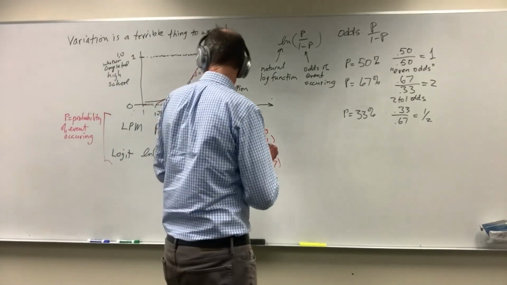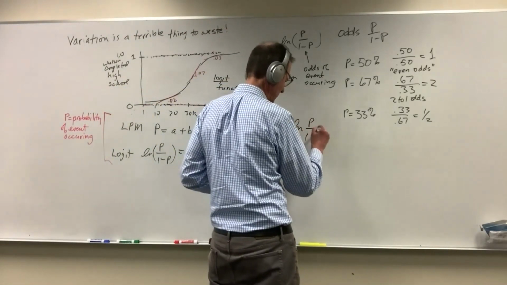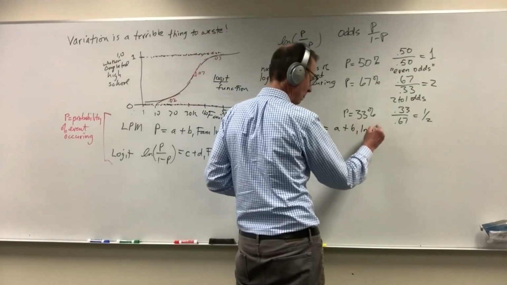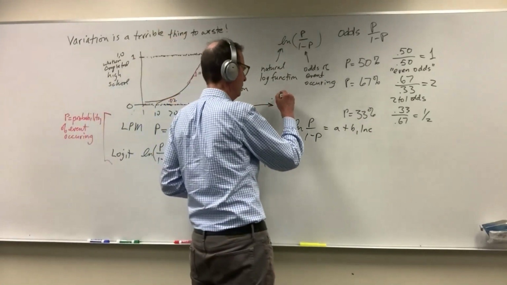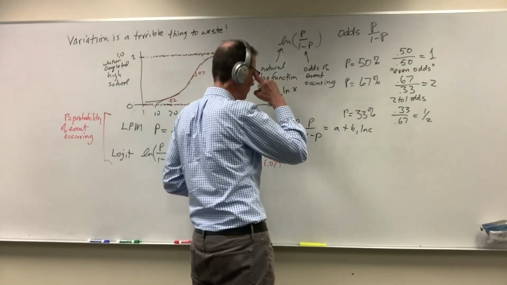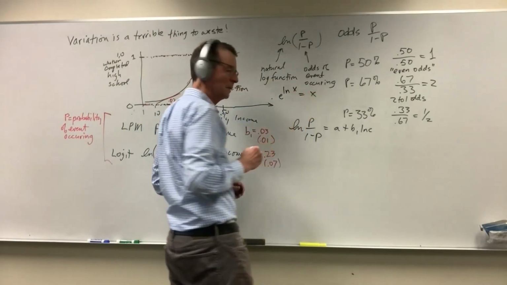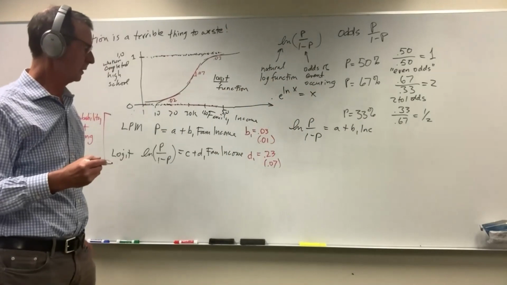So the model is ln(p over 1 minus p) equals a plus b1 income. Now, if you think back to algebra, e to the log x equals x. E and the log function are inverses of one another.